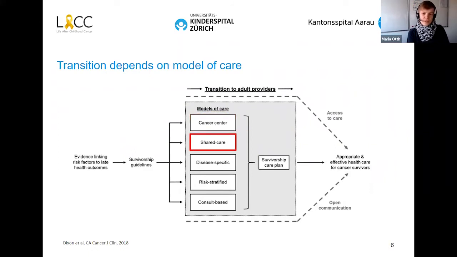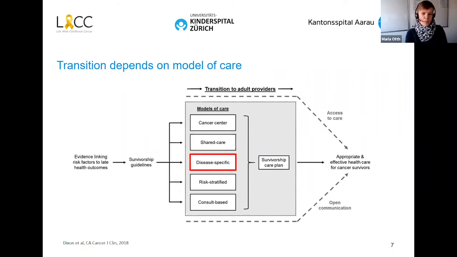Another form is the shared care model. There the care is initially provided by the cancer center, and later it's transferred to, for example, a family physician or someone in the community, but there is still ongoing communication and support from the cancer center.